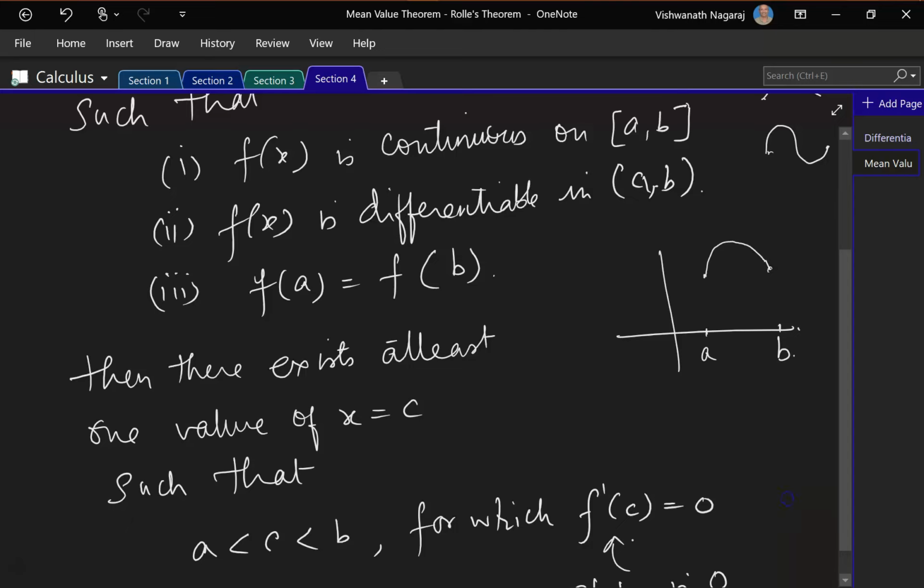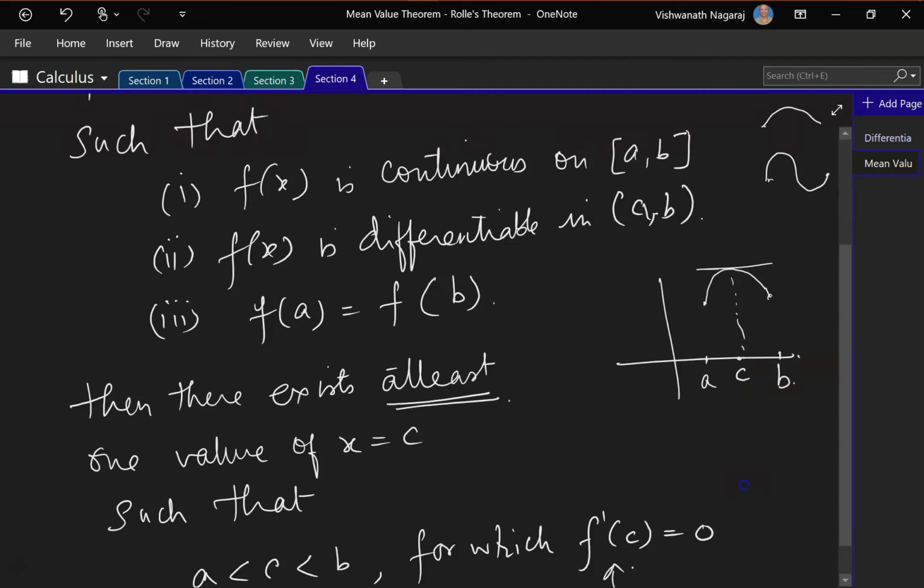So what this means graphically is that you will find a point c such that the slope will be 0. Yes, this is c, and it says at least. That means there can be more than one as well.